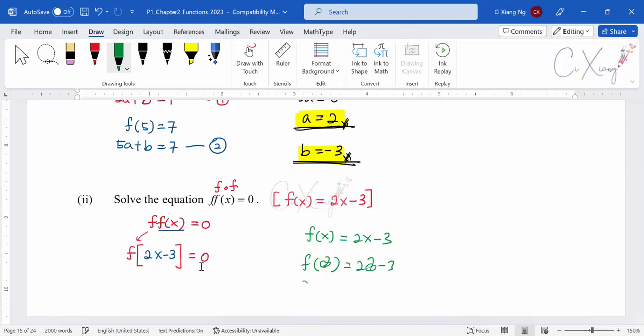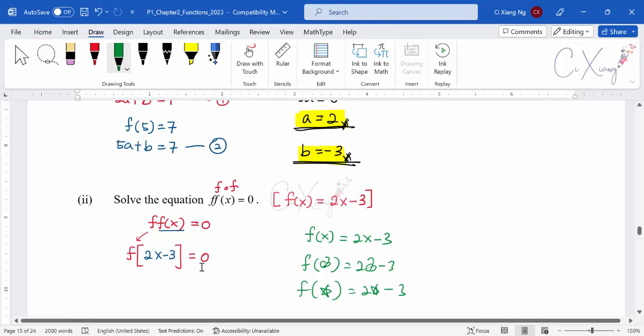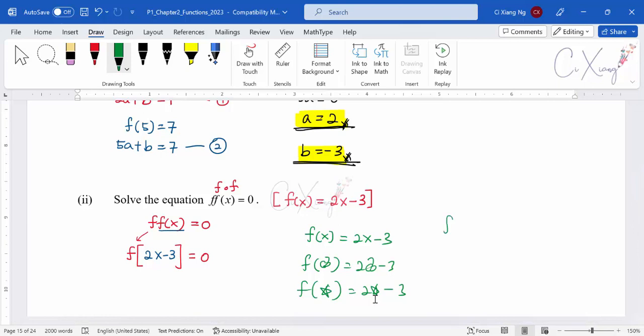If I put f of star, that means I have 2 star minus 3. That means you replace the x by the variable that is defined in the function. So f of apple becomes 2 apple minus 3, and f of star becomes 2 star minus 3. Now I want to have f of 2x minus 3. So how can I replace my equation here?